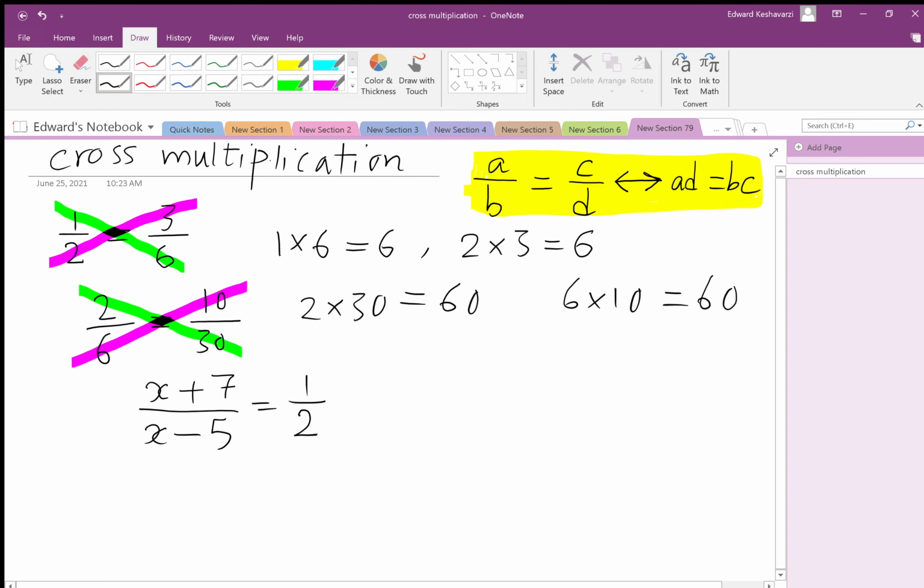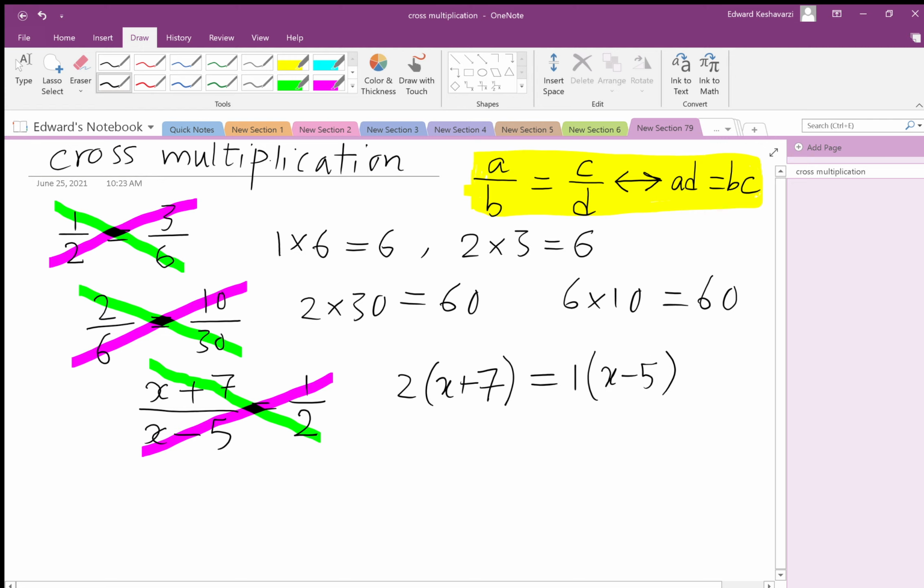According to what you learned, if you multiply this diagonal, it becomes 2 bracket x plus 7. And then if you multiply the other diagonal, it's going to be 1 times (x minus 5), and these two should be the same. So then let's apply distributive law. It's going to be 2x plus 14 equals x minus 5.